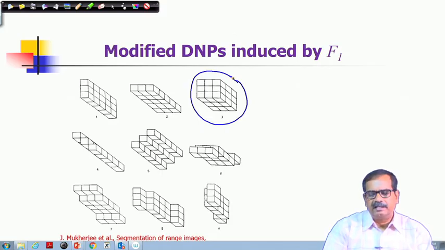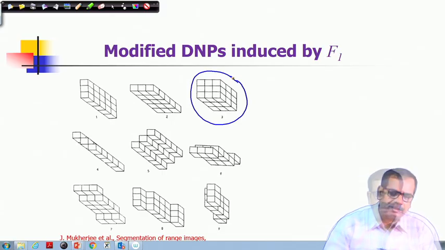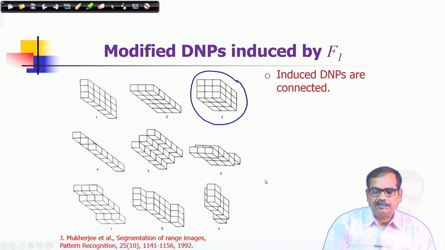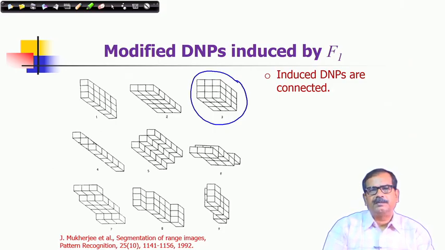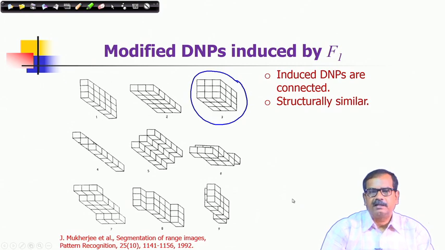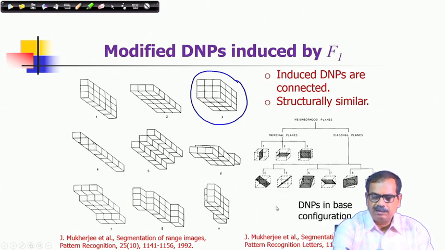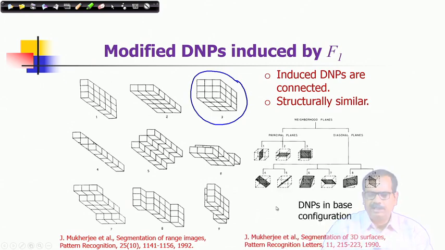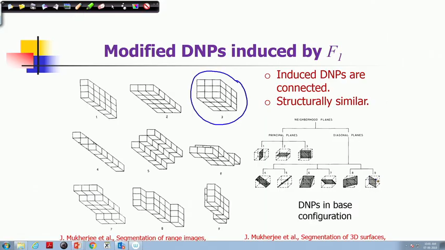There is a particular rule by which you have to check the planarity of this set of points. First, the induced DNPs are connected. You have seen that all the digital neighborhood planes here are connected and structurally similar. Let me show you once again the configurations of the neighborhood planes, and you can see that the corresponding shapes are similar.